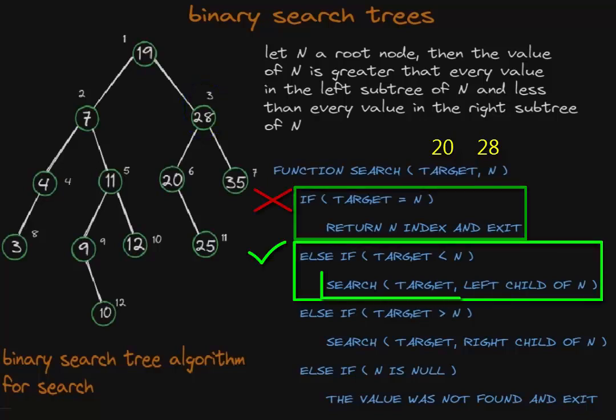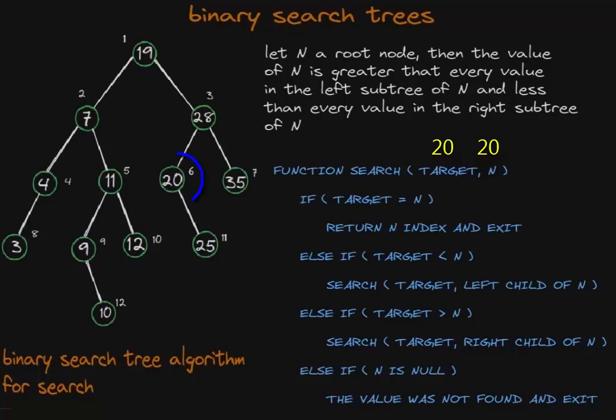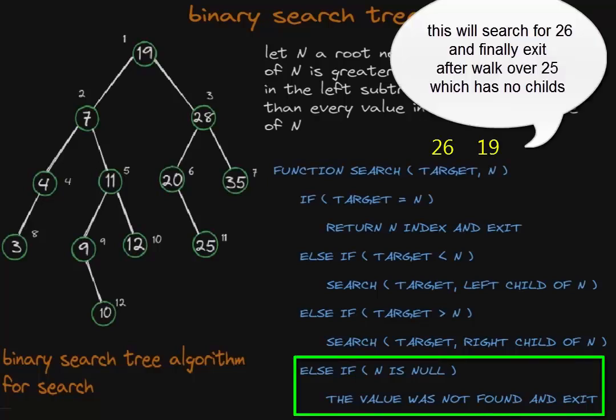This time we go to the left child of 28, which contains 20. At the fourth call, the function will return 6, where 20 is located. If the value is less or greater than a node with no children, then it's not found. Remember, leaf nodes contain null children.